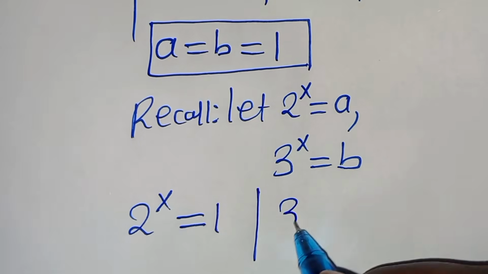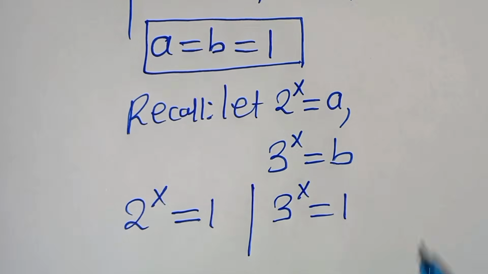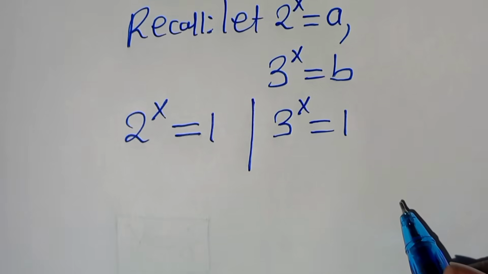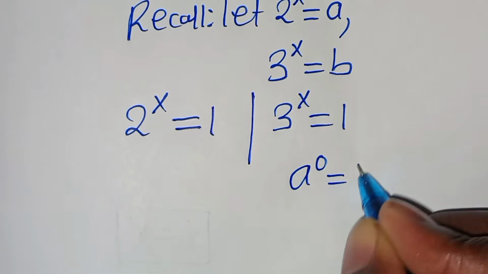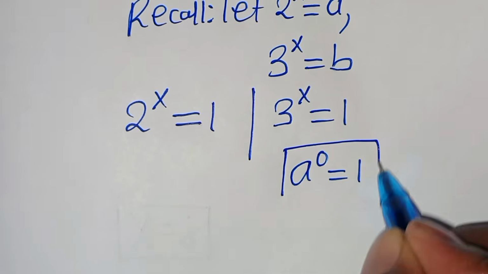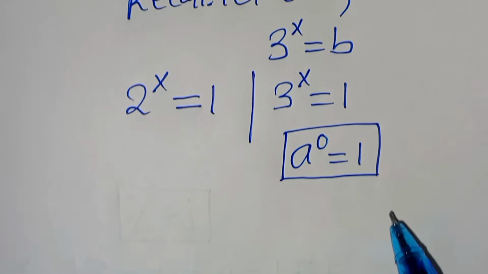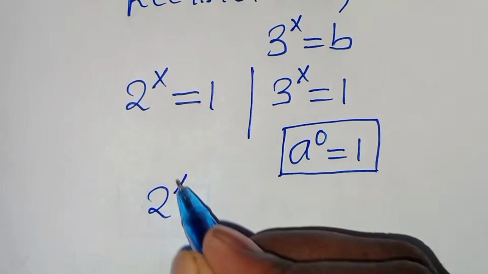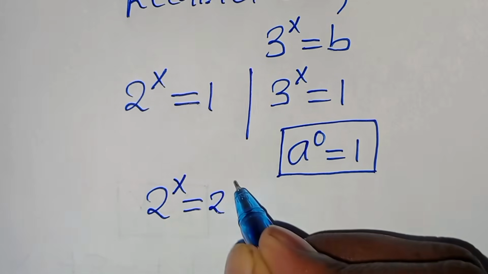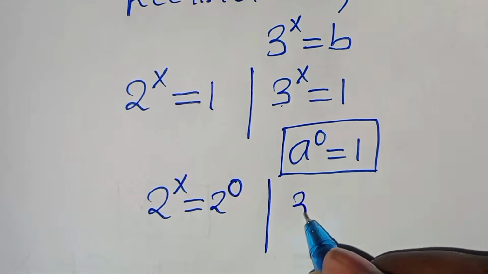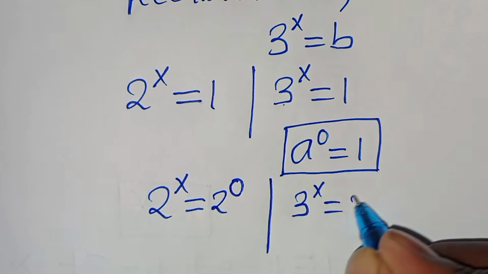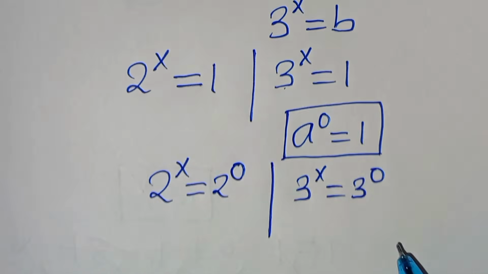And we have 3 to the power of x equal to 1. So this is to mean that a to the power of 0 is equal to 1. By applying this exponent property, then we have 2 to the power of x equal to 2 to the power of 0. The same case here, 3 to the power of x is equal to 3 to the power of 0.